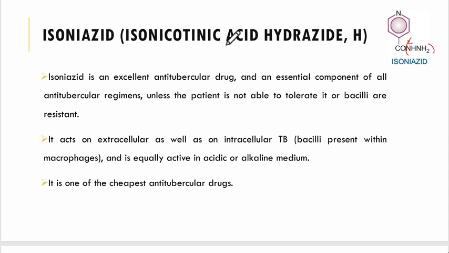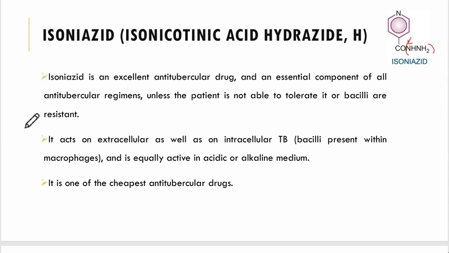So it is nothing but isonicotinic acid hydrazide, which is an excellent antitubercular drug and is an essential component of all the antitubercular regimens unless the patient is not able to tolerate it or the bacilli has created some resistance. It acts generally on extracellular as well as intracellular TB, which is present inside the macrophages, and is equally active in acidic or alkaline medium. It is one of the cheapest antitubercular drugs.